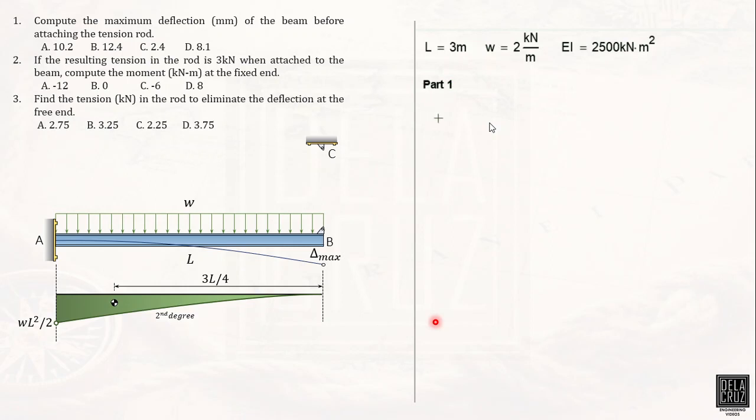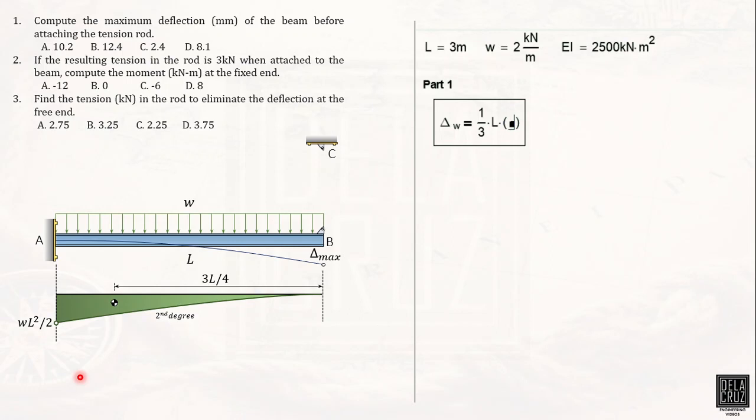So again, the maximum deflection, let me denote it: deflection due to W at the free end. It is equivalent to the area. The area of a parabolic spandrel is 1/3 of the length times the height, WL squared over 2.